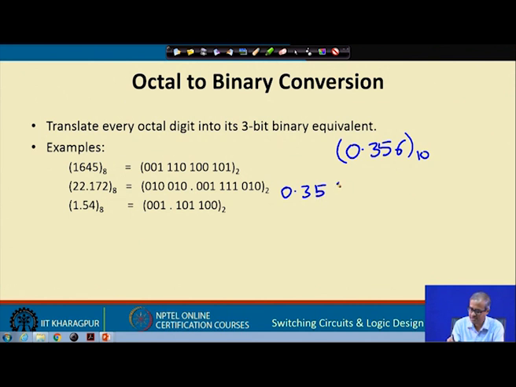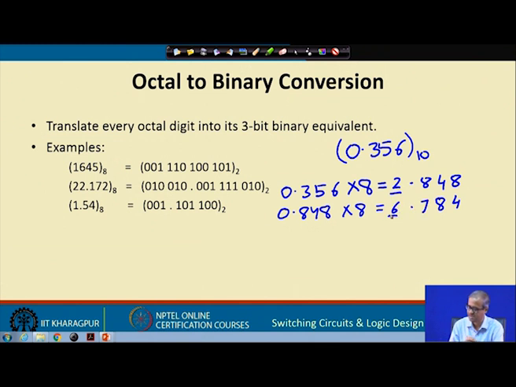What I do: 0.356, I multiply by 8. How much is that? 8 times 6 is 48, 8 times 5 is 40, plus 4 is 44, and 8 times 3 is 24, plus 4 is 28. The integer part is 2. You remember this integer part. Now the fractional part is 0.848. You take 0.848 and multiply by 8. Now it becomes 6.784, so the integer part is 6.